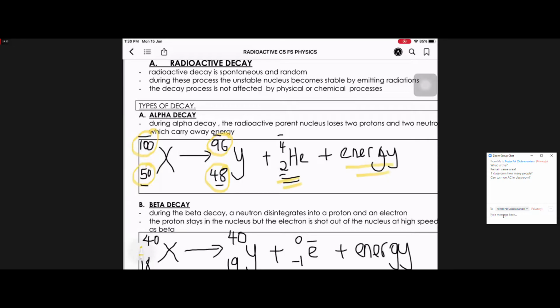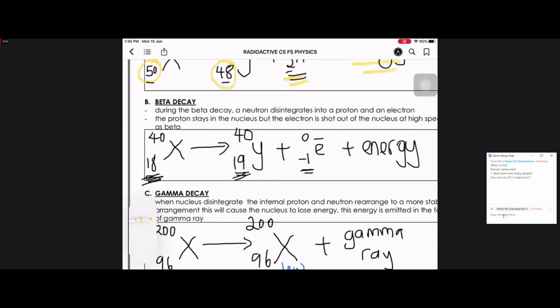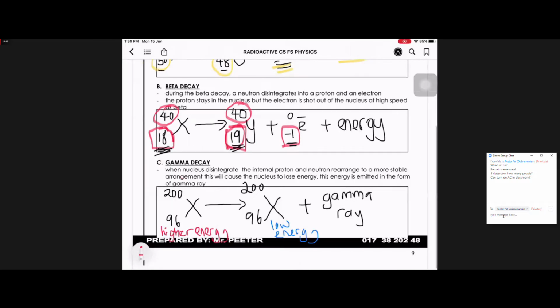The nucleon number will remain the same if one beta is emitted. The proton number before and after increases by 1. So the idea is to balance the number of protons before and after. Before was 18, after also still 18. See, 19 minus 1 is still 18. That's how we look at the beta decay. Then the gamma decay, very simple. The nucleon number and the proton number remain the same.